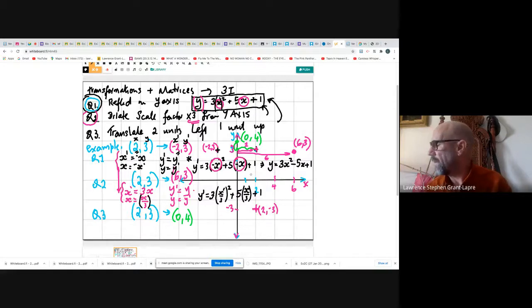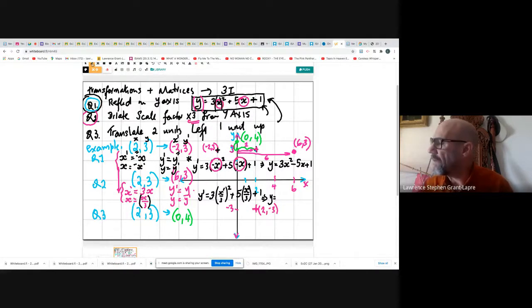Okay, and there it is. That can be simplified into Y equals 3x squared over 9, which is x squared over 3.